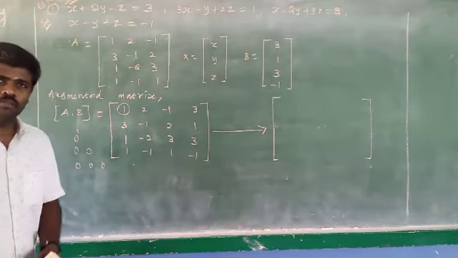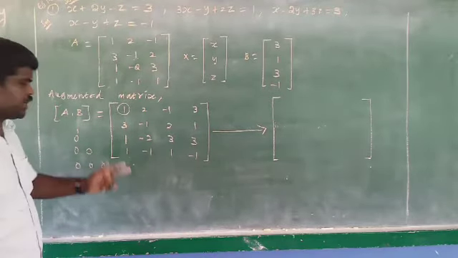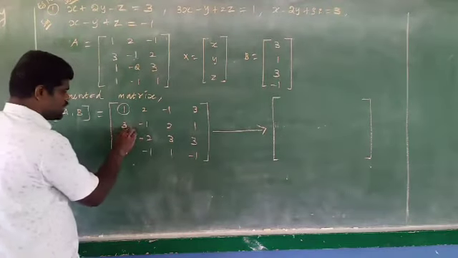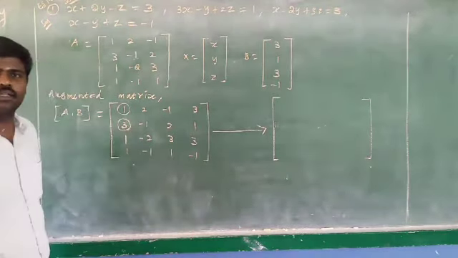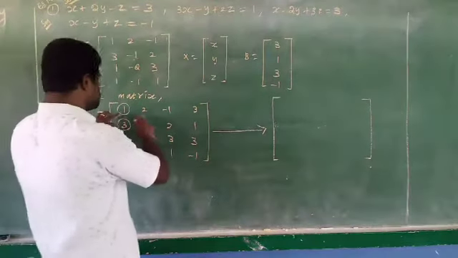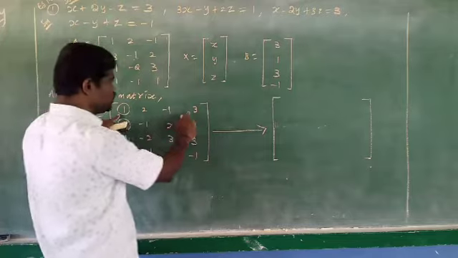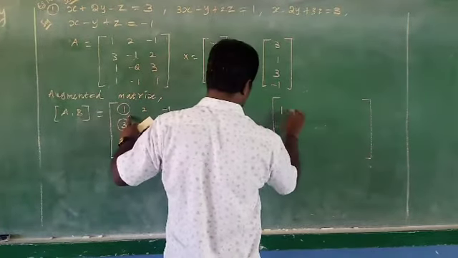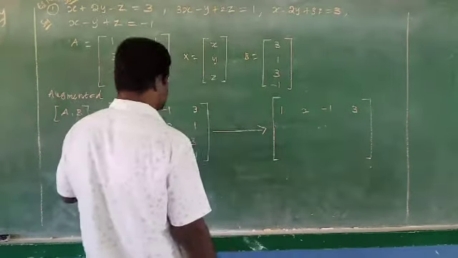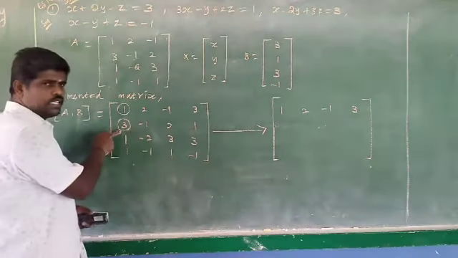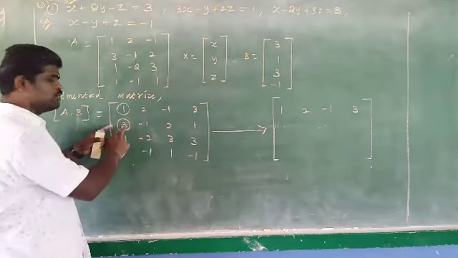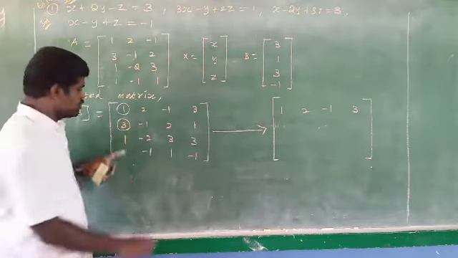Do you know the row echelon form? That's why we write the first row directly: 1, 2, minus 1, 3, and we want to change the others to 0. How to change them to 0? We make some rule.